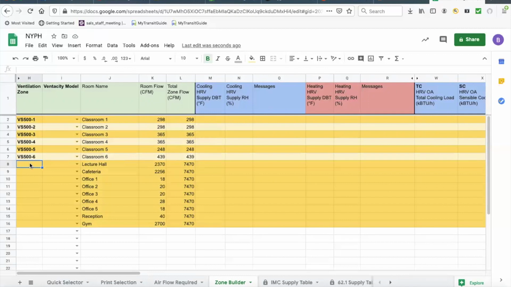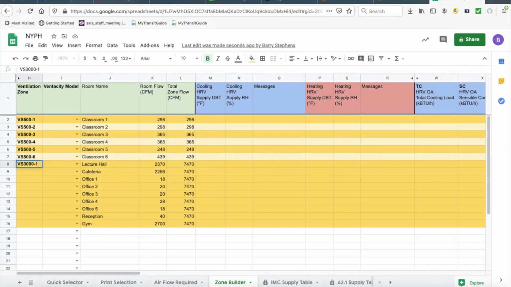I'm gonna, in the lecture hall, because that's gonna be demand control in a big space like that, absolutely the best way to go. Put it on CO2 and use it.